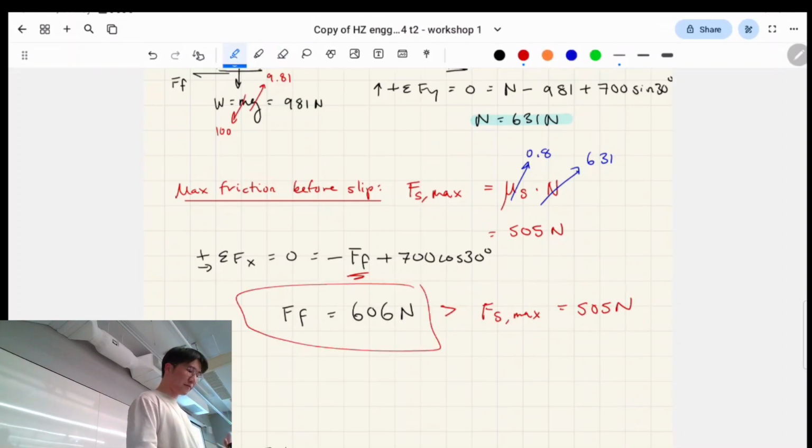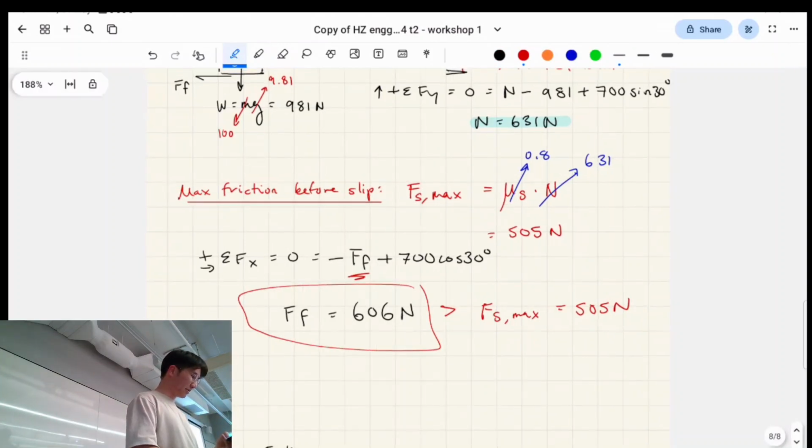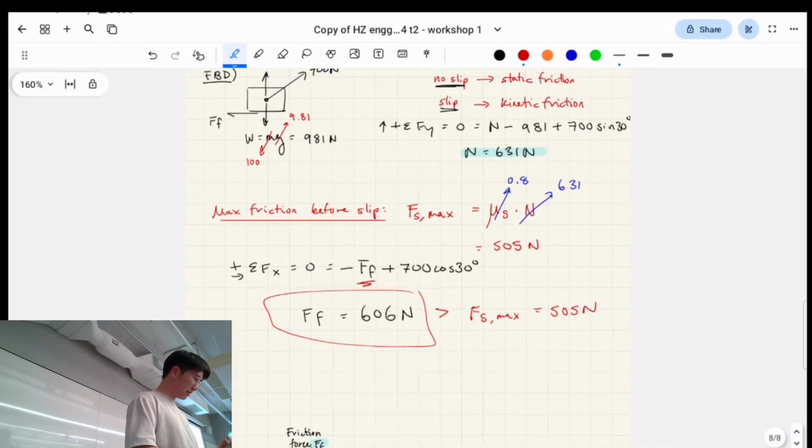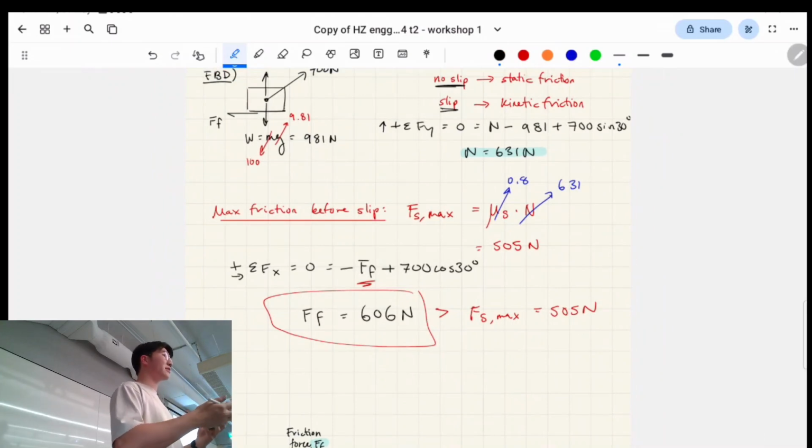What we ended up finding is that our friction force was 606, right? And what that means is because our friction force exceeds our threshold, that means we actually have movement. It's actually going to be moving, yeah?